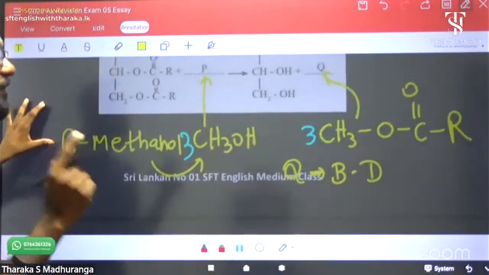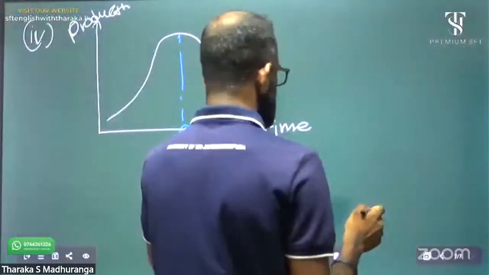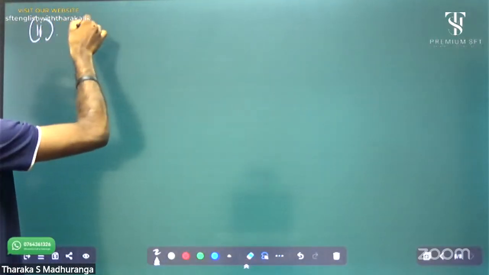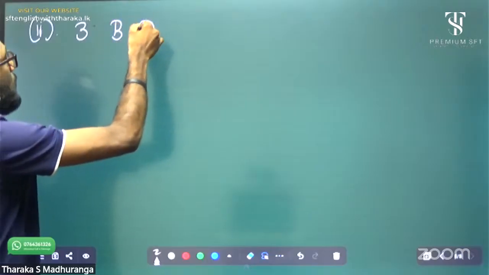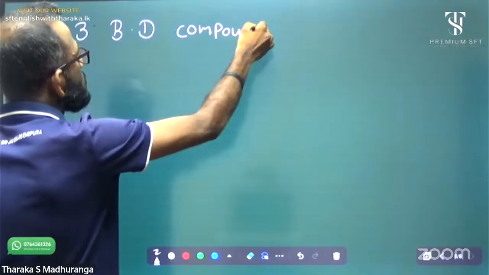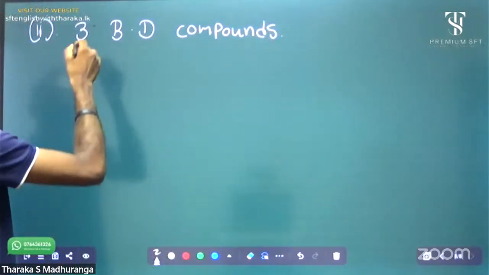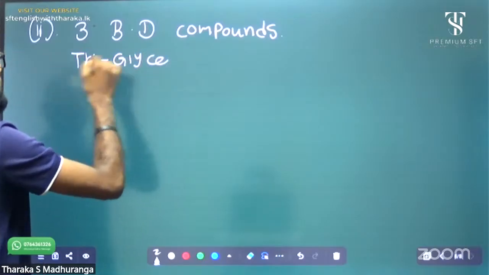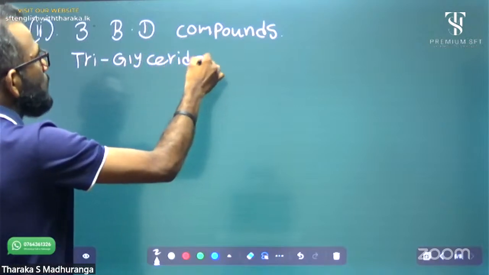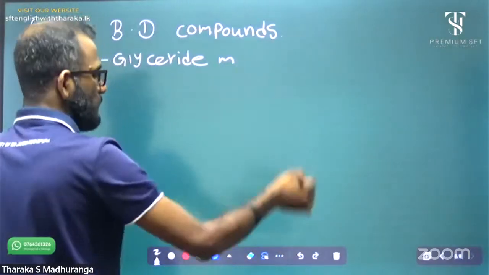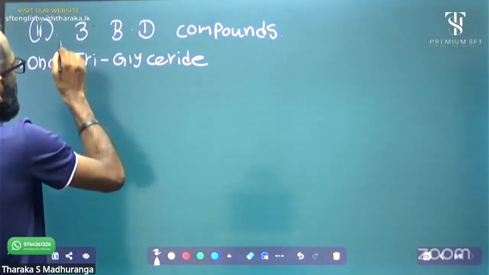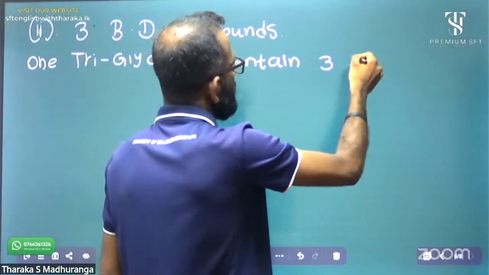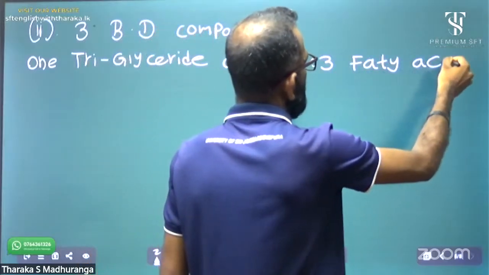3 biodiesel compounds. The reason: one triglyceride contains 3 fatty acid groups.